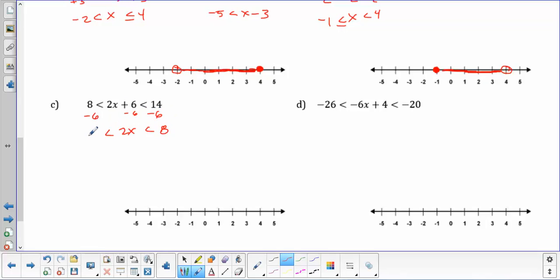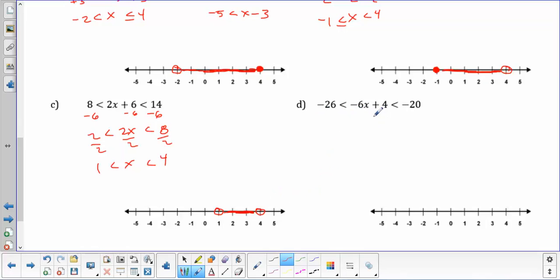On the left, we get a 2. And divide by 2, get that x by itself. The middle gives us x by itself. The right side becomes 4. The left side becomes 1. And that guy's finished. We're ready to plot. So let's plot it. X is greater than 1. X is less than 4. Open circle on both. "And" inequality, shade in the middle. That guy's done. Okay, last one.